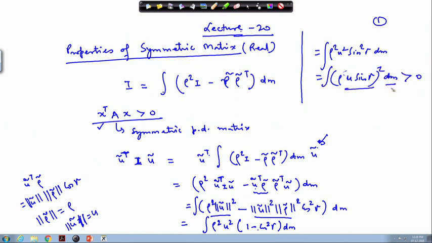So, this is going to be greater than 0 unless sin gamma is equal to 0 for all the particles of that mass.